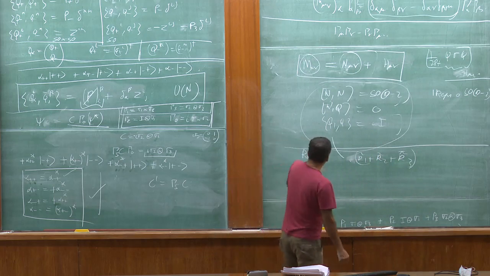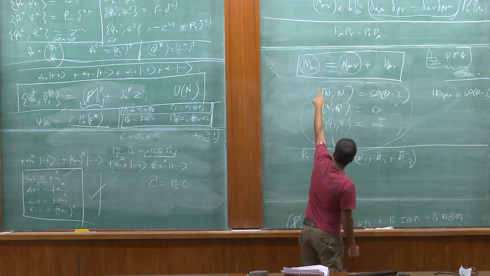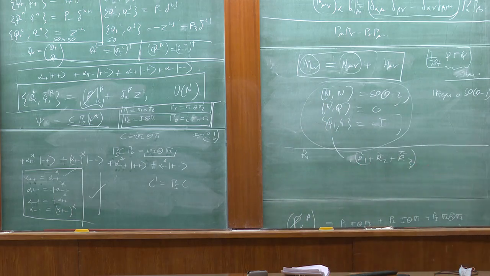Okay? Now, we want to know what representations of M appear. M is the true angular momentum of our problem. But now what we have is that M is the angular momentum that is made up of angular momentum of two completely commuting spaces. So this is the same problem as Clebsch-Gordan. If I give you a representation in one space and a representation in the commuting space, and my angular momentum generators are the sum of the generators in these two spaces, then which representations do you get?